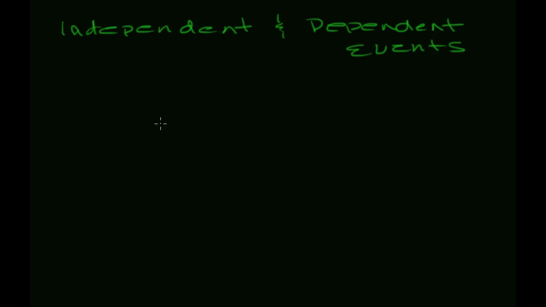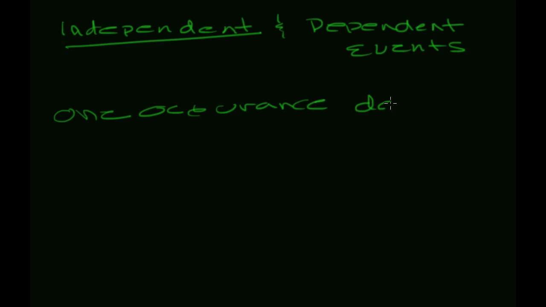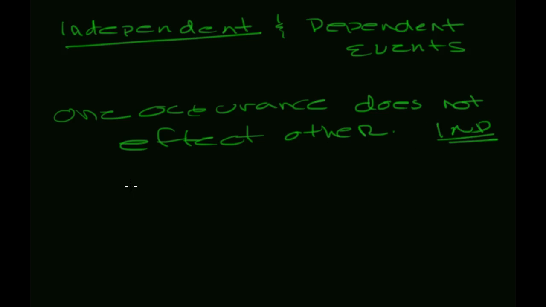If the occurrence of one event does not affect the other from occurring, then we say that they are independent. Otherwise, in other words, if one event occurring affects the other one occurring, then they are dependent.